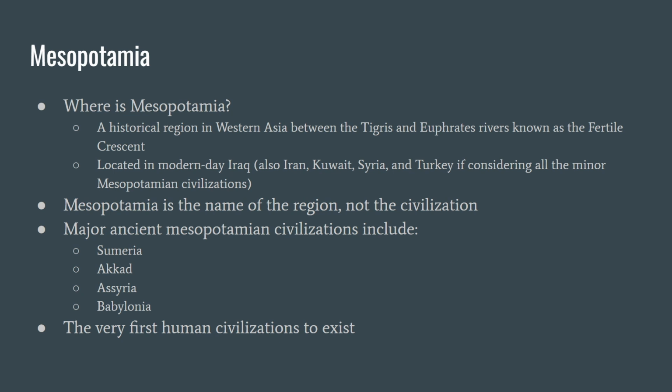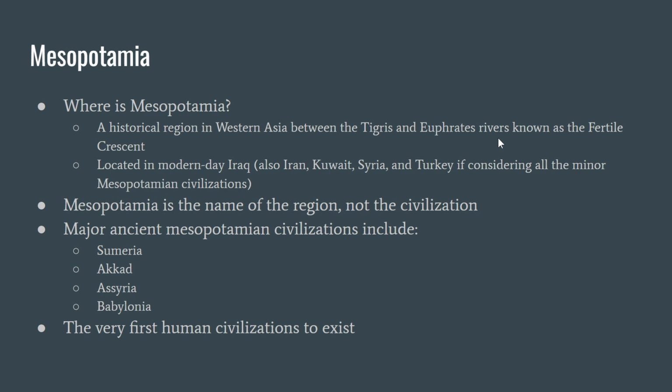If you look at the word, meso means middle, and Potamia means river. So Mesopotamia means between rivers. And the rivers are Tigris and Euphrates.